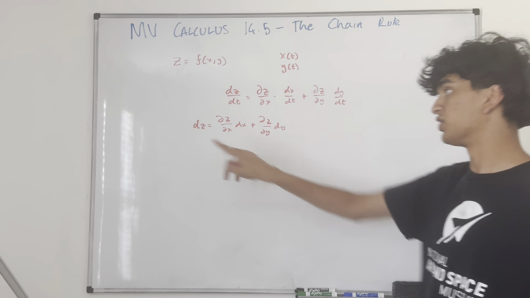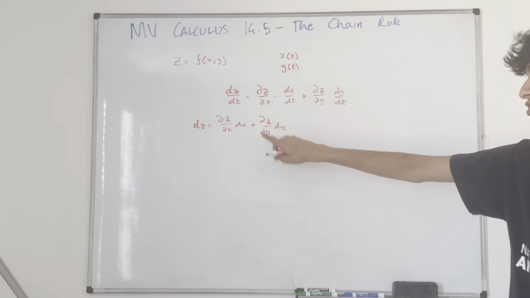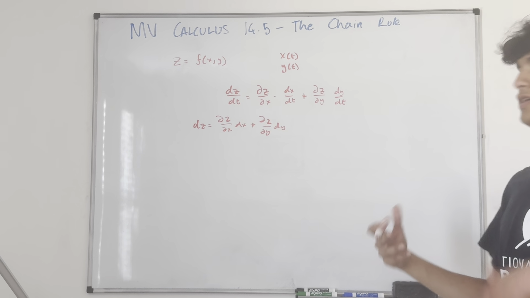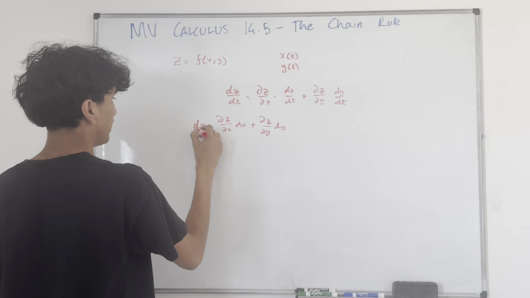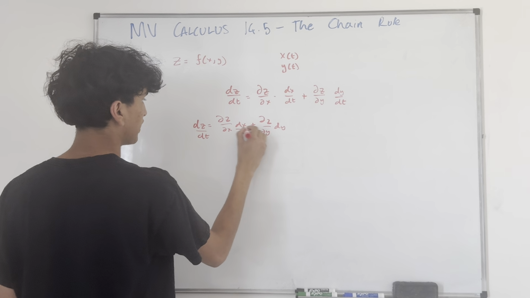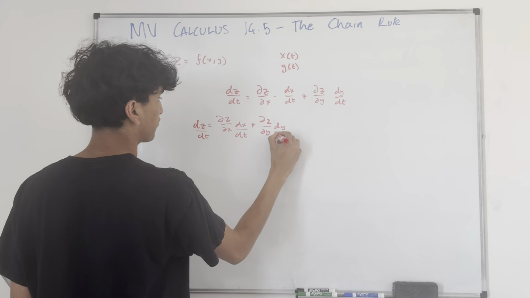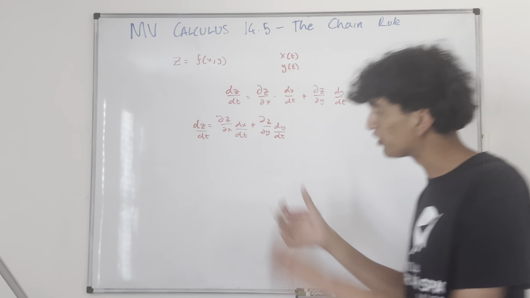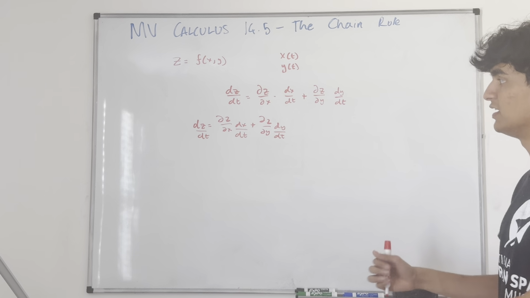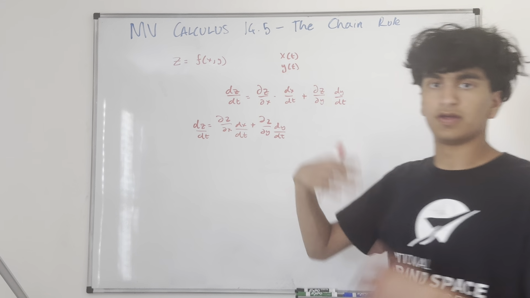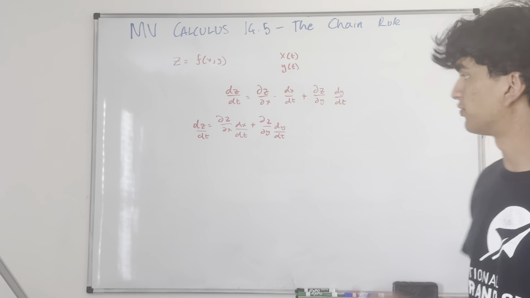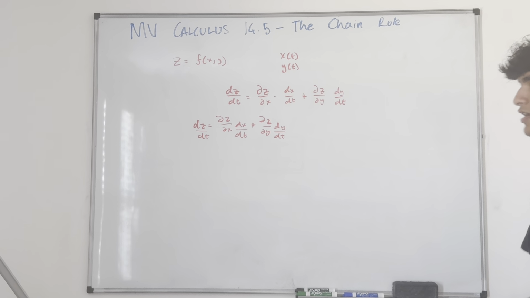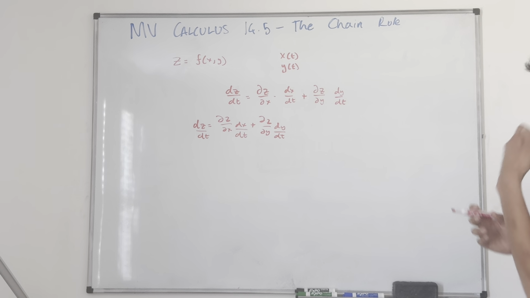So this is the change in z for very, very small changes in x and y. This is not rigorous at all, but if you divide everything by dt, you're looking at how those very small changes in z change over very small changes in a variable such as t, which x and y depend on. And you can see we get the chain rule formula.